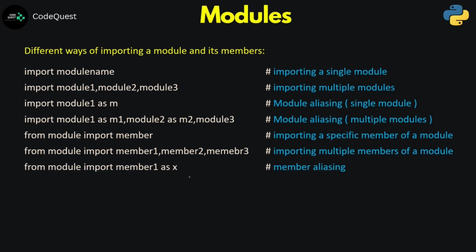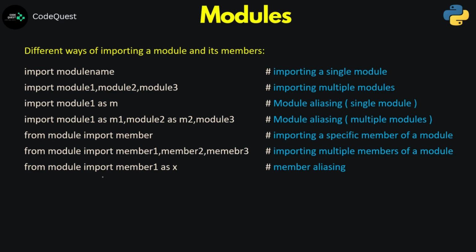Okay. Now suppose you want to import a member, but you want to refer to it with a separate alias. Suppose we have taken a module, and from this module we are importing member 1, which is actually defined as member 1 in the module. But that member 1 I want to refer to as X. Suppose here member 1 is the add function, and I want to refer to that add function as sum.